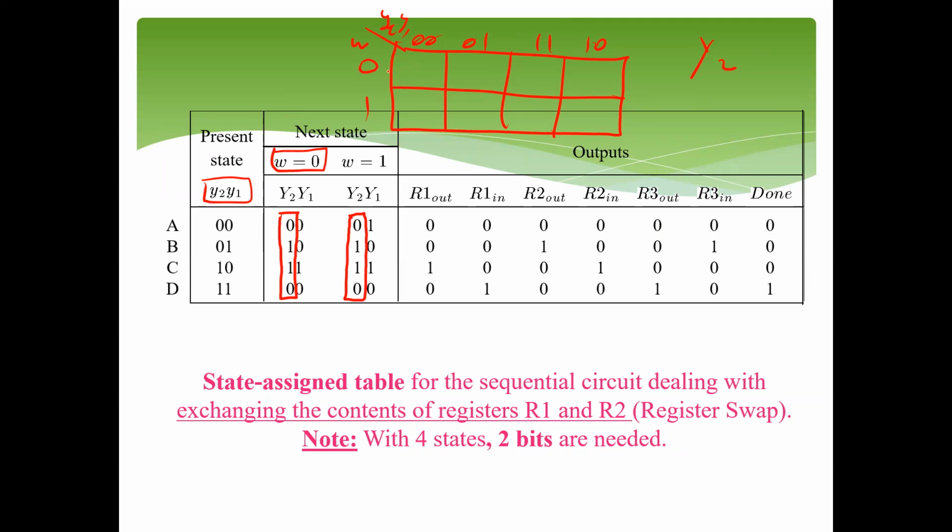So for W equal to 0, we're going to read this part, which is 0, 1, 0, 1. Then when W equals 1, I have 0, 1, 0, 1.